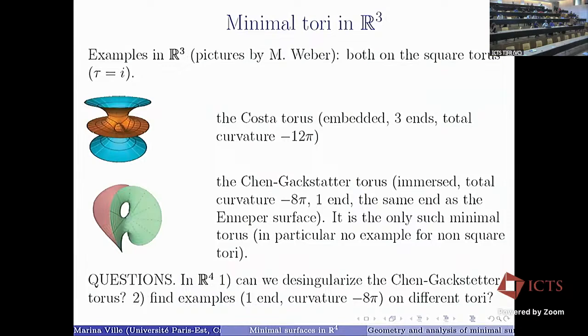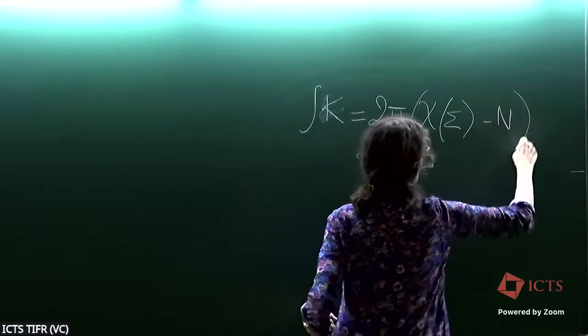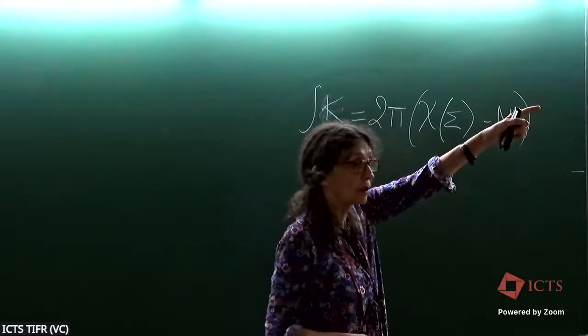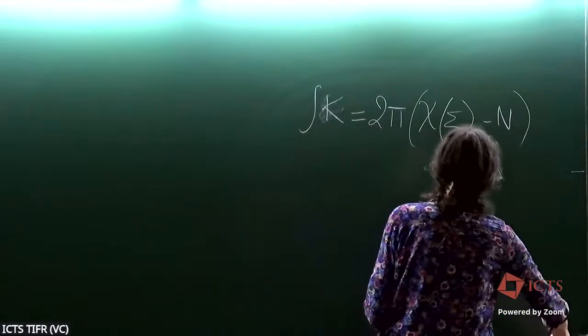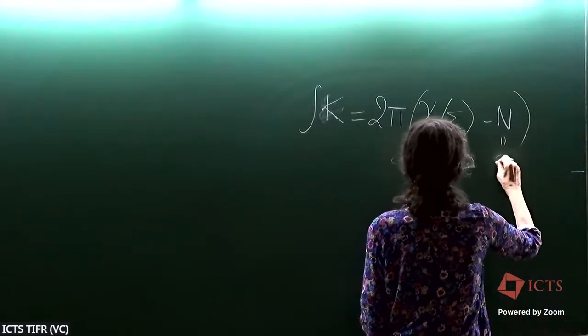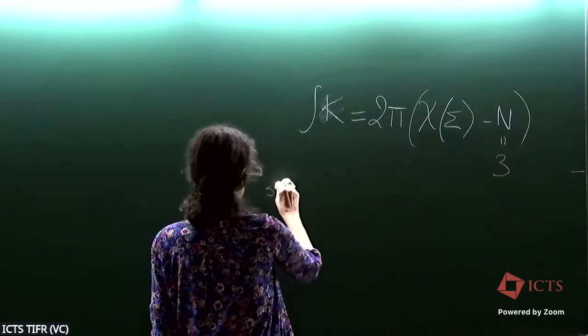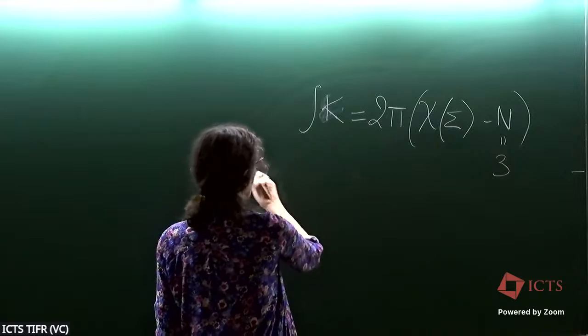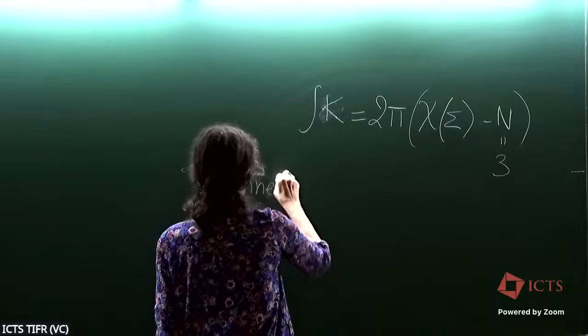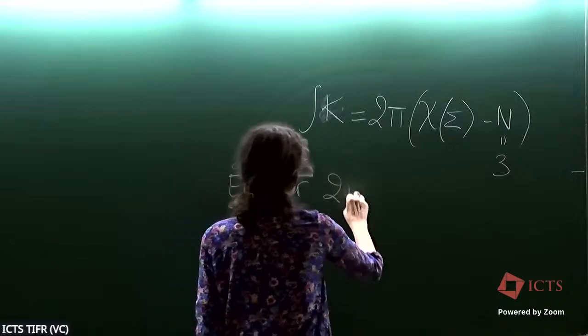You have this formula. So for the Schoen-Gaxteter torus and the n-upper surface, n is equal to 3. So for the sphere, for the n-upper surface, that will give you 2 pi.